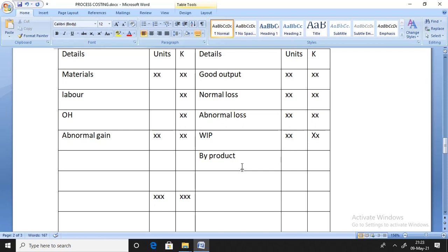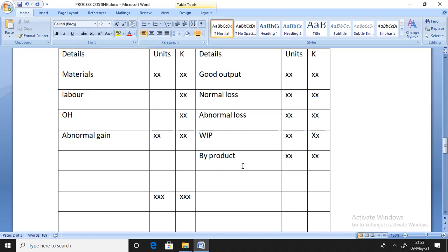The treatment of the byproduct will be the same as the treatment for normal loss. So if you have a byproduct arising, treat it in the same way as you are treating normal loss. So that will also add scrap value. So it's the units of the byproduct that you have and the value of that byproduct that you have.